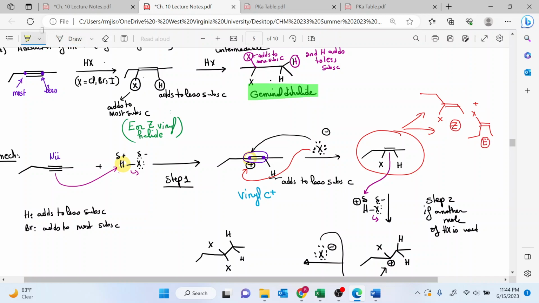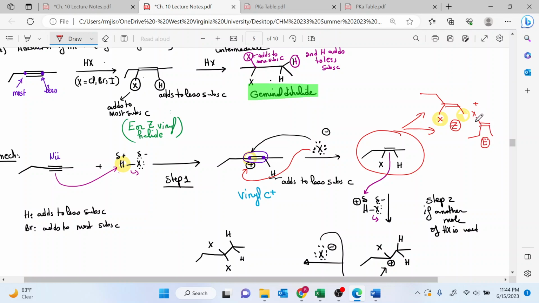The reason why this one is a Z is because the X has a higher priority than the ethyl group, and the CH3 has a higher priority than the hydrogen. And both the X and the CH3 are on the same side, so this is going to be Z.